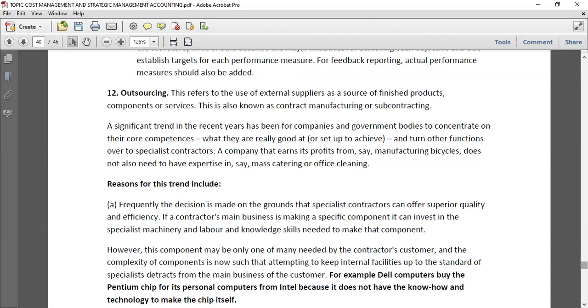So reference it from that perspective. The balanced scorecard is also a common concept that the examiner is interested in, so make sure you understand it from the other perspective. The key principle with the balanced scorecard is that it looks at both financial and non-financial measures. Thanks so much, and I wish you all the best in this.